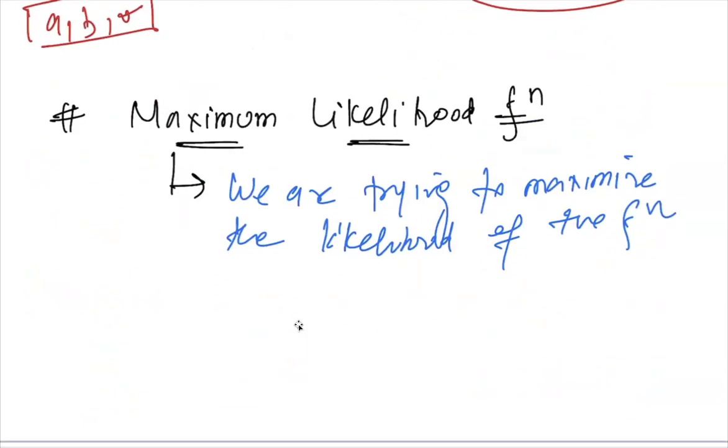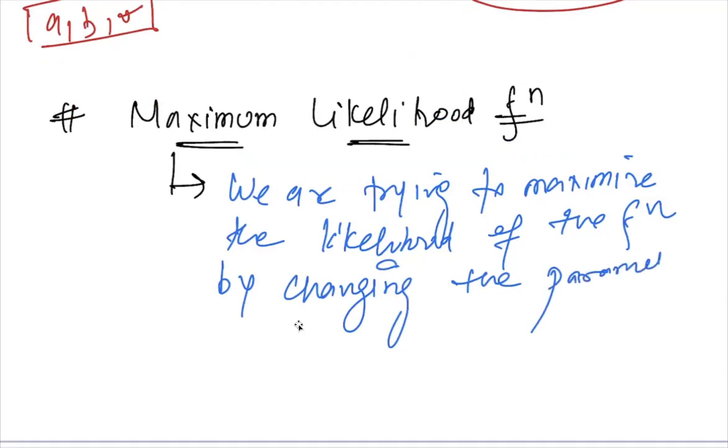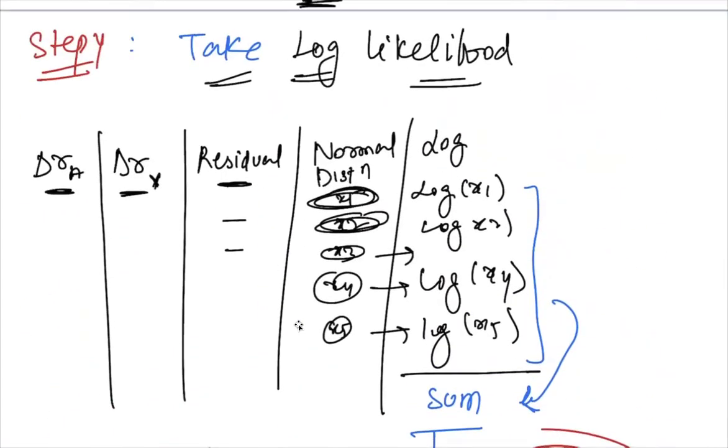How are we trying to maximize? By changing the parameters such as a, b, and sigma. So we are changing these parameters to maximize our likelihood function.